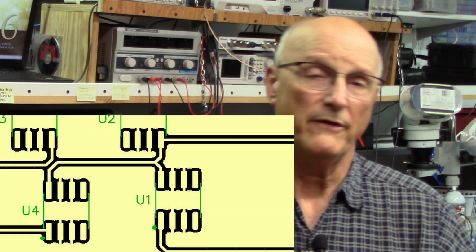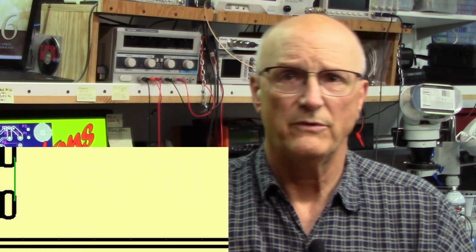Well, the last thing I need to address is the spacing of things. So now we have all of this copper on the board. We have traces, we have copper pours, we have component pins, we have vias. How close can they be to one another? Well, there are limits.